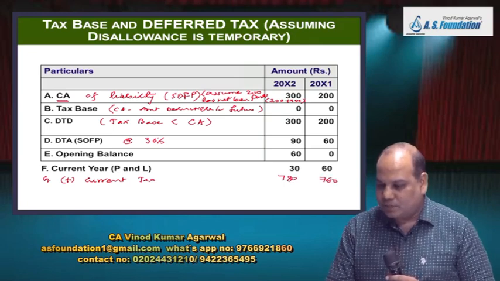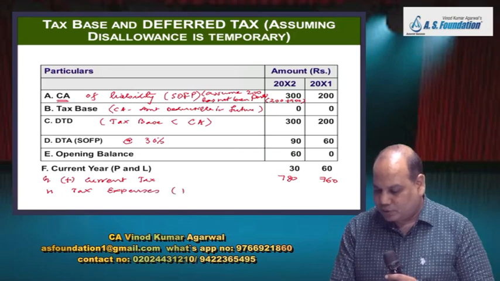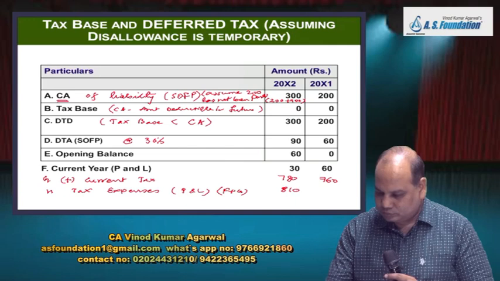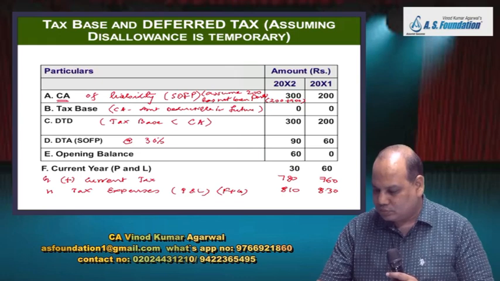So if there is a temporary disallowance, tax expense in the profit and loss will be, you add these two figures, F plus G: 810, and this is how much? 830, 820.